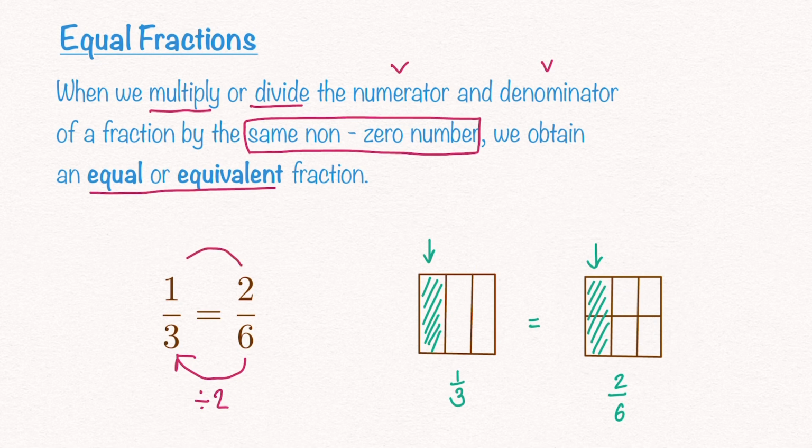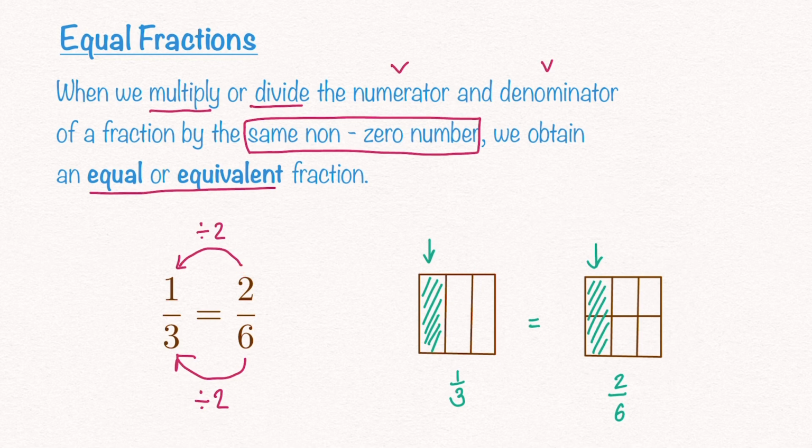And does it work the other way as well? 2 divided by 2 is equal to 1. So that means that to the 2 out of 6, if we divide by the 2, the numerator and the denominator, we can get 1/3. And this tells us that these two fractions are equal or they are equivalent fractions.